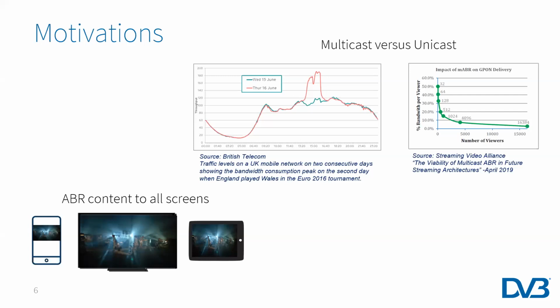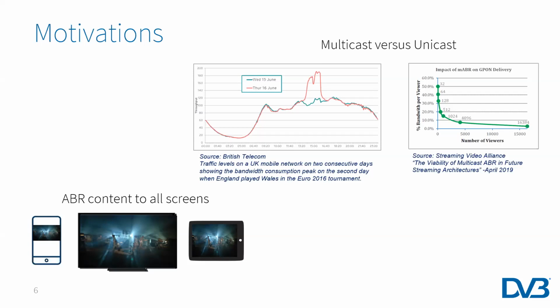This is a very significant peak, and if your infrastructure has not been designed for that, you can be in trouble. On the right side, you have an optical fiber example of how much bandwidth you can economize by doing multicast instead of unicast.